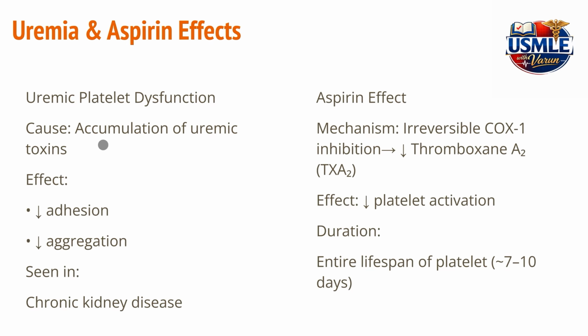In uremia, toxins impair both platelet adhesion and aggregation. So this is seen in chronic kidney disease cases. Aspirin irreversibly inhibits cyclooxygenase 1, reducing thromboxane A2. So this decreases platelet activation, and the effect lasts for the entire lifespan of the platelet.